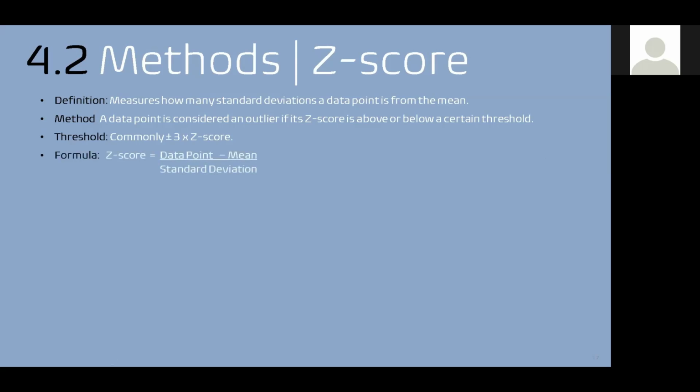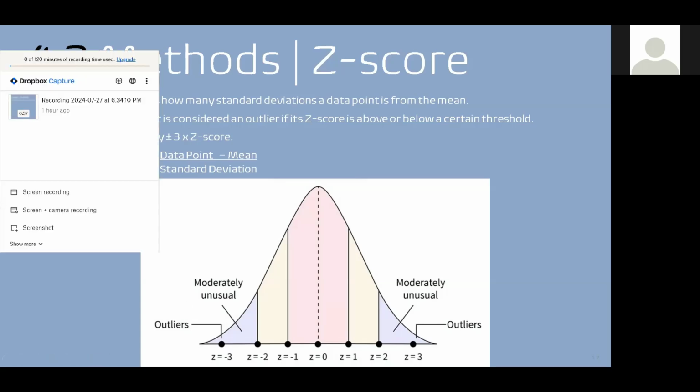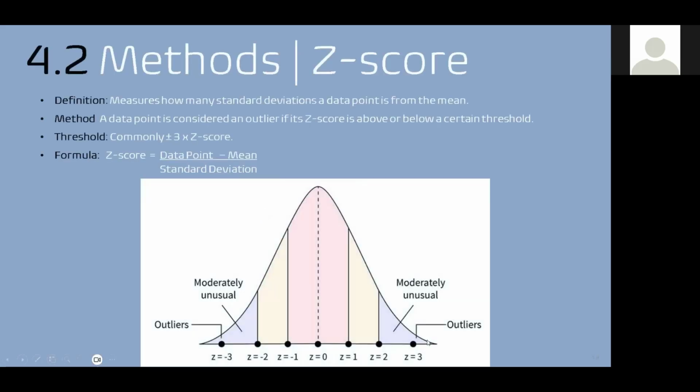For the sake of timing, I'm not getting very deep into it, but my worksheet has the calculations available, and that's how the distribution will look. Anything above 3 or below minus 3 will be outliers.